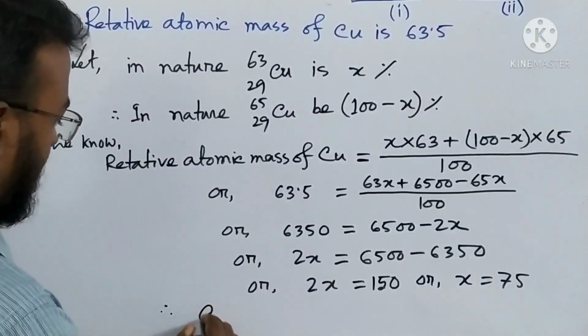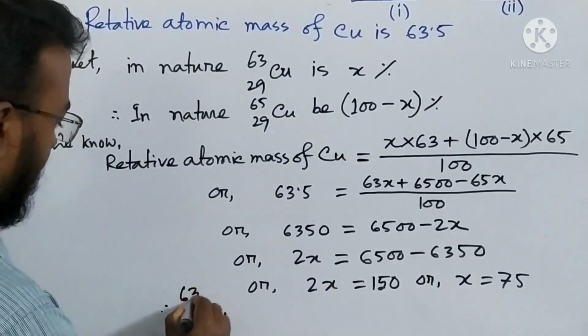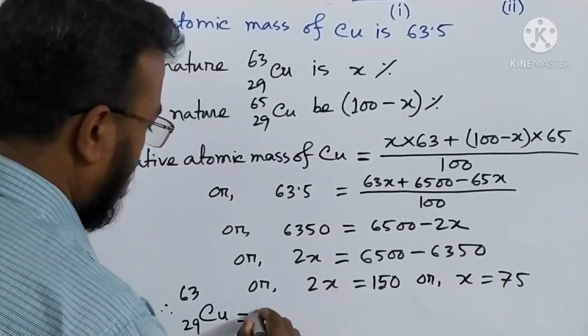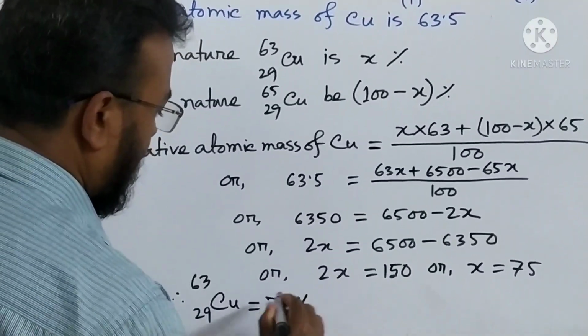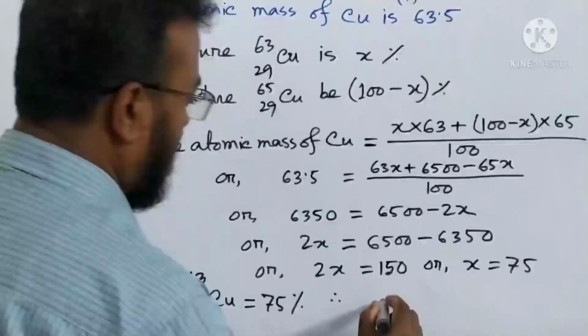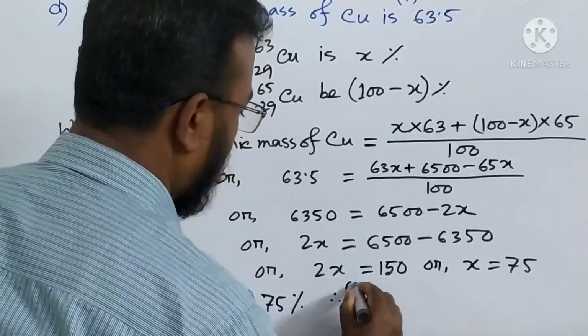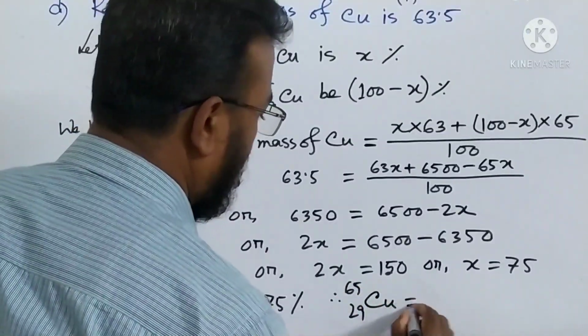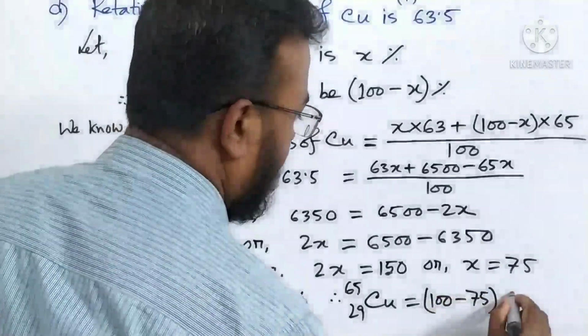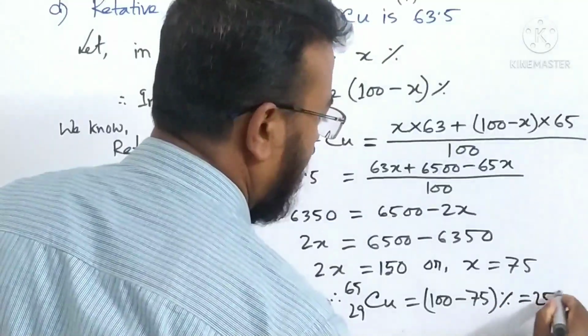Therefore copper 63 is available in nature 75%, and therefore copper 65 will be 100 minus 75%, that means it will be 25%.